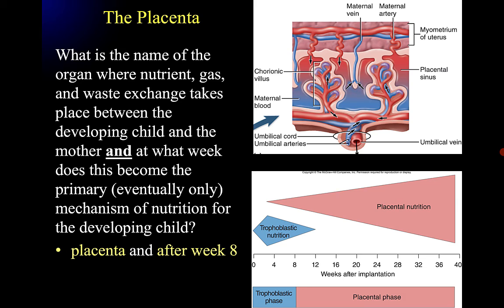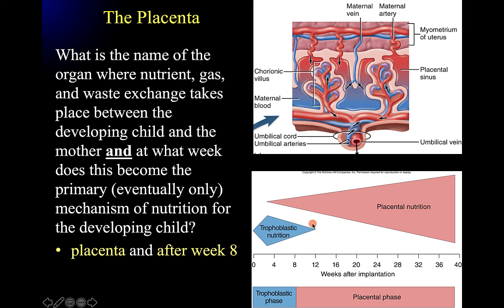Now, it's a little bit weird to talk about this as an embryo and a fetus being fed by this placenta, and it is actually a little bit complicated. So after roughly week 8 or so, which is as we enter that fetal stage, the placenta is going to take over as the primary source of nutrition.